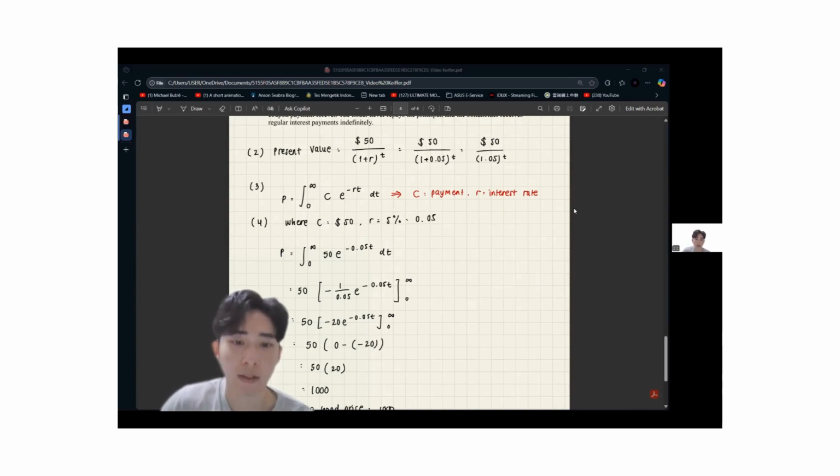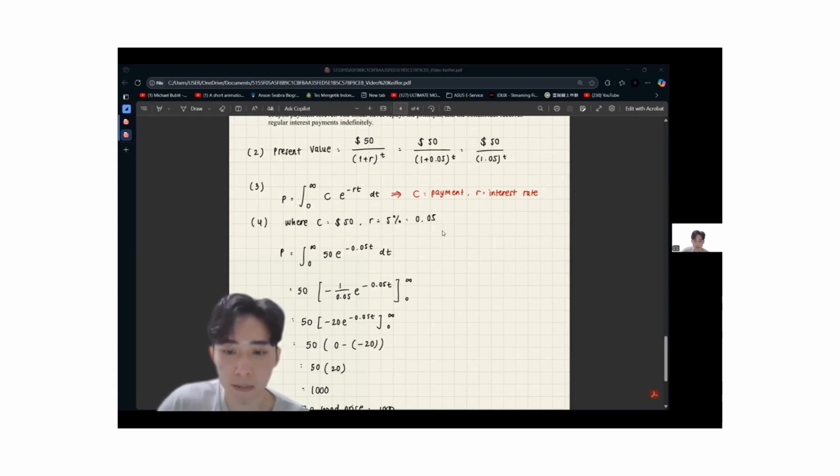So to find the total bond price, we calculate the present value of every future coupon. Mathematically, this is an infinite series, but we can simplify it using calculus. The integral formula under continuous compounding is P equals the integral from 0 to infinity of 50 e to the power of minus 0.05t dt. Here 50 is the annual coupon, and 5% is the discount rate.